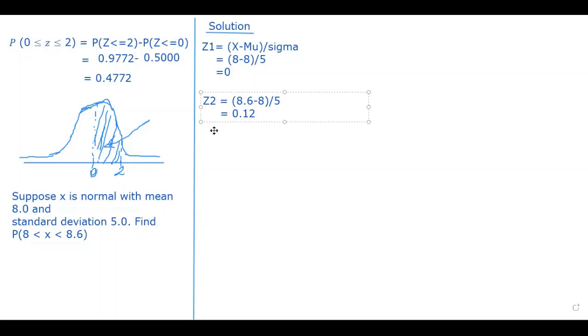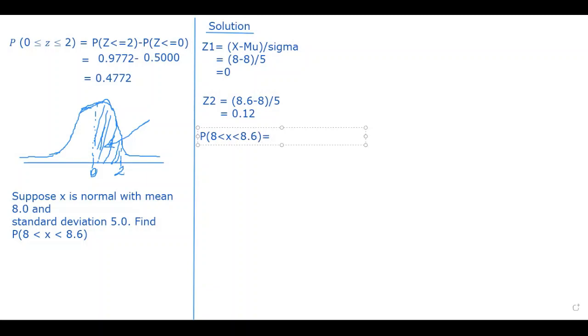Okay, so we now know that the probability that 8 is less than X, less than 8.6, is the same as what you have done here.